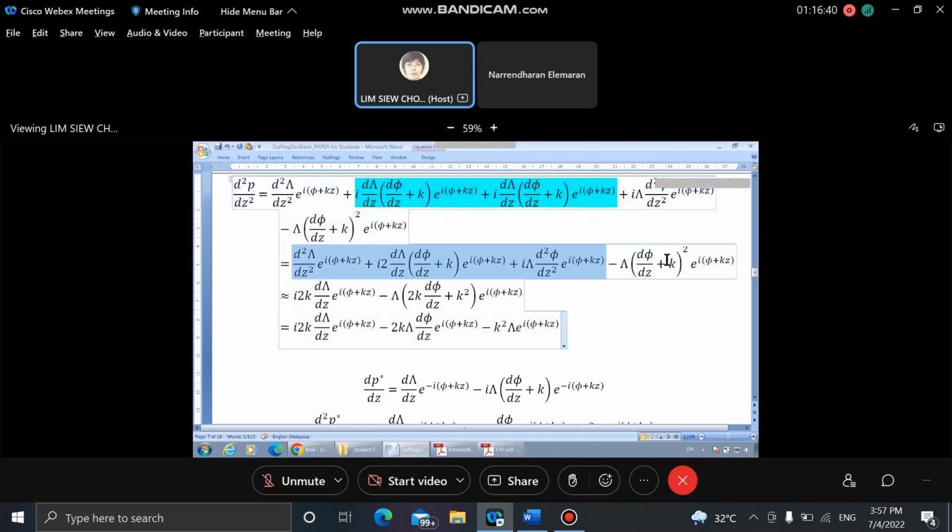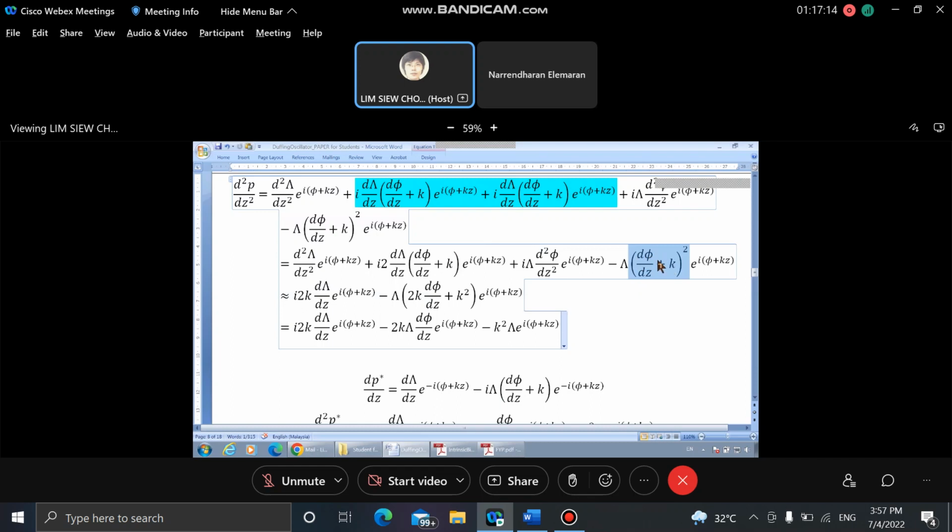So by right, we should have 5 terms. But after applying the SVEA, this term is deleted. And you look at this term, there are 2 terms. The term that carries the product of this and this is deleted also. This term has this inside, we delete also. And this term, we have the d2 phi over dz squared. So this term, when you expand, you get 3 terms.